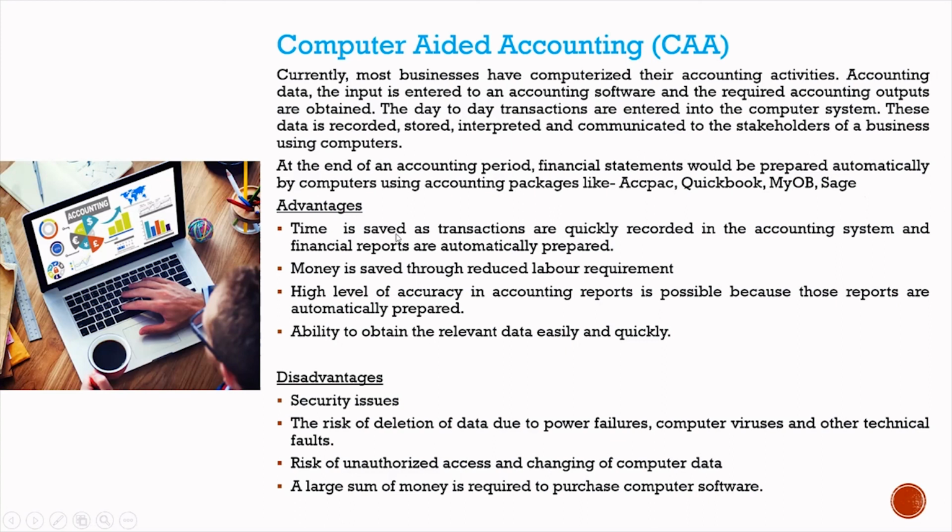They help us to save time, as once the transactions are recorded, we can automatically prepare the financial statements and different reports we need easily rather than doing that manually. It will also reduce the cost of labor, because since we use accounting packages, the number of employees needed to do these transactions will be low and the level of accuracy will be high. Similarly, it will help us to get data easily and quickly.